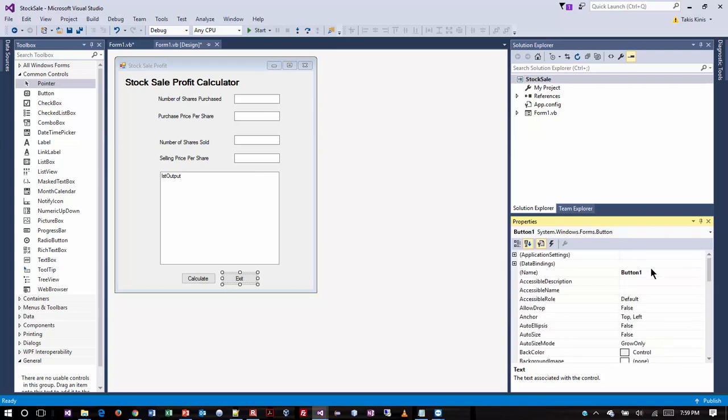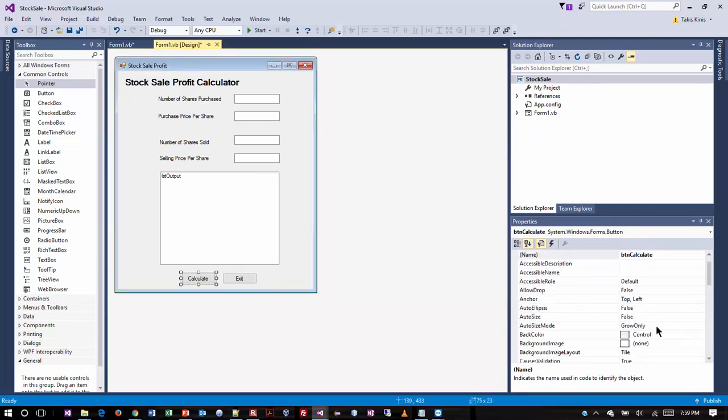And why don't we give it a name of btnExit. So it has a name, has text. I'm also going to look at my tab order here and see what tab order it put it in. It says tab index 11. My calculate button is tab index 10. That's fine.